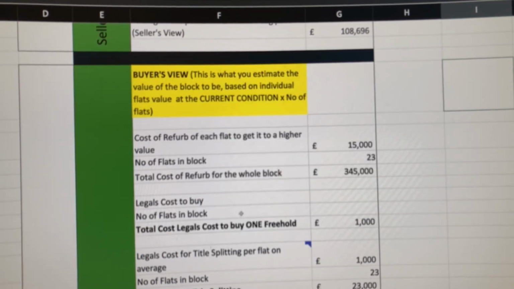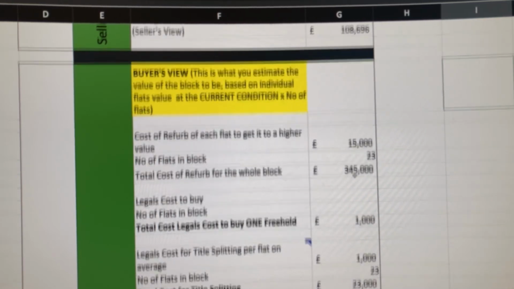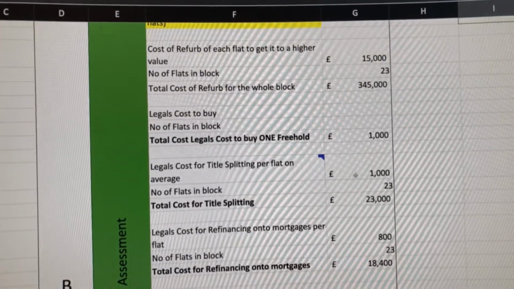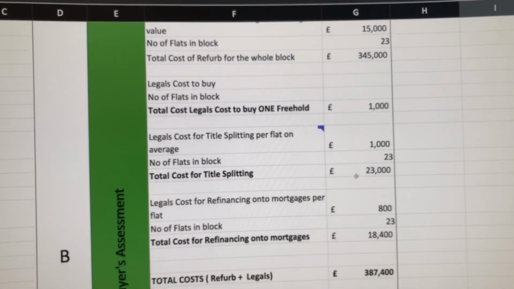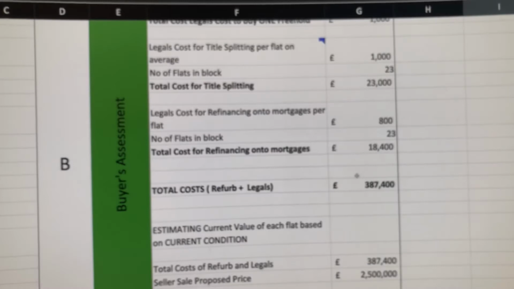So I started with, what is the cost of refurb on each of these flats to get a higher value? Times that by the number of flats in the block, I get a total cost of refurb for that block at almost £350,000. Then I also added on the cost of legals and the title splitting that will need to be taken, as well as the legal cost for refinancing onto mortgage products.